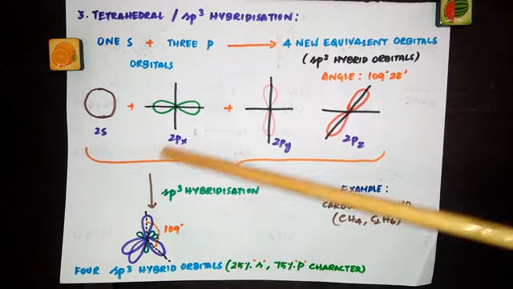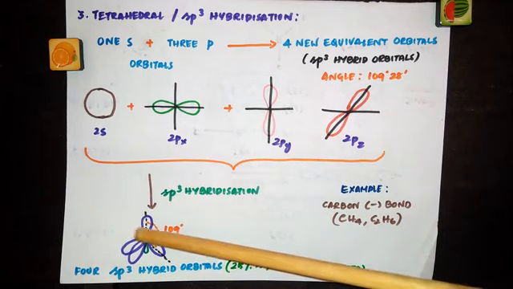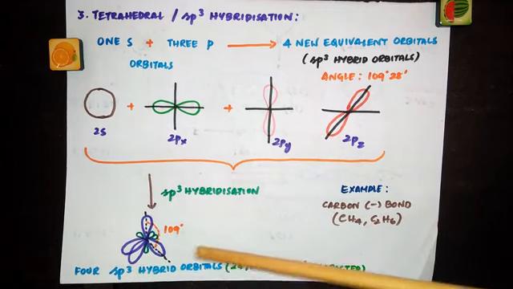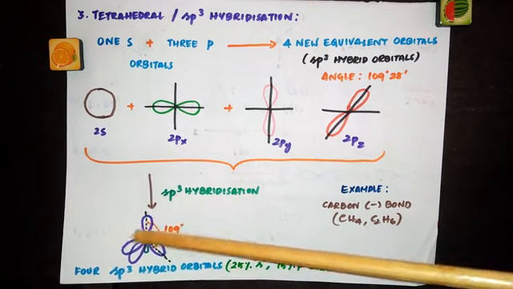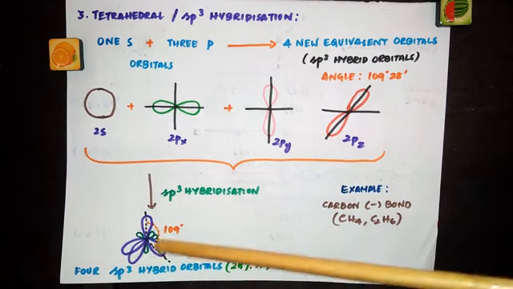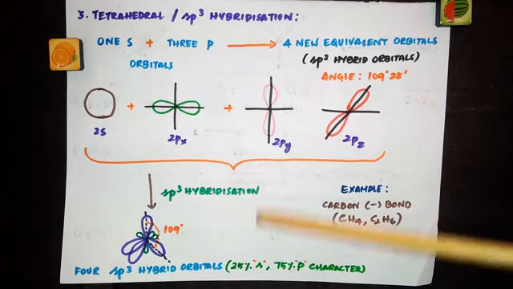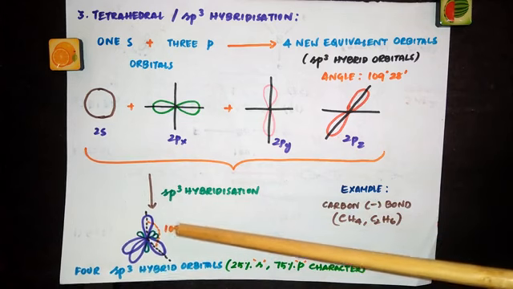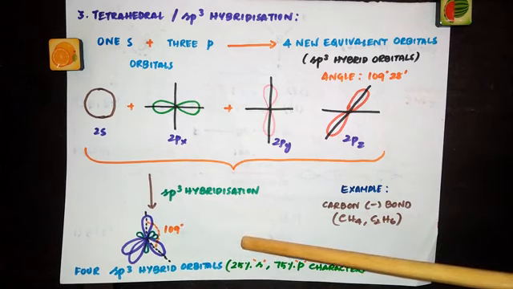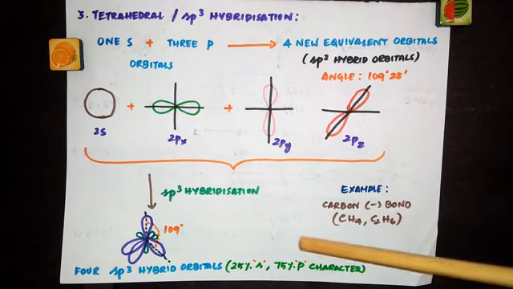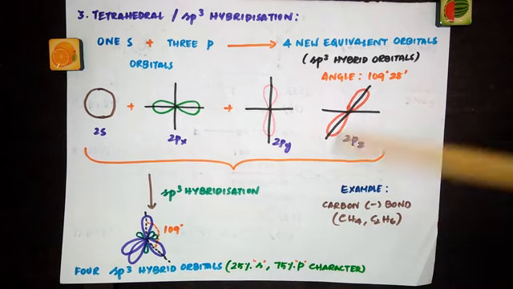So we call this sp3 hybridization. You end up with 4 sp3 hybrid orbitals. So 1, 2, 3, 4. 4 sp3 hybrid orbitals, and here each of these hybrid orbitals has 25% s character and 75% p character.